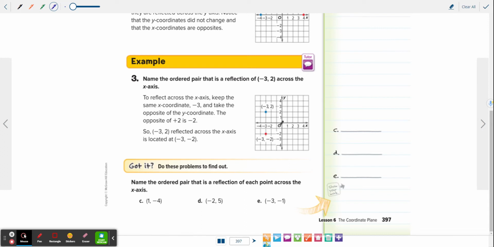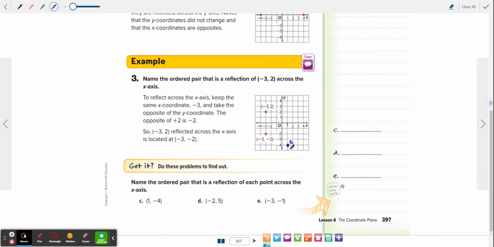And if it's reflected across the y-axis, the y number will be the same, but the x will be the opposite. We'll get more into that later. But if I have 1, negative 4, first I want to graph that. Okay, so 1, negative 4 is right here. Okay, I'm going to put that as C because that's what we're working on.